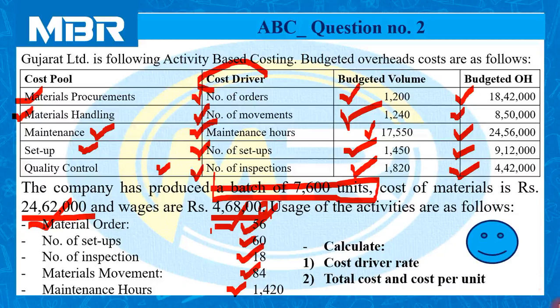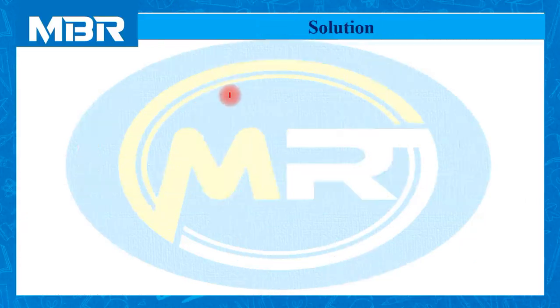We have to calculate the cost driver rate, the total cost and the cost per unit of the product, as we have produced 7,600 units. Let us start the solution of the problem.